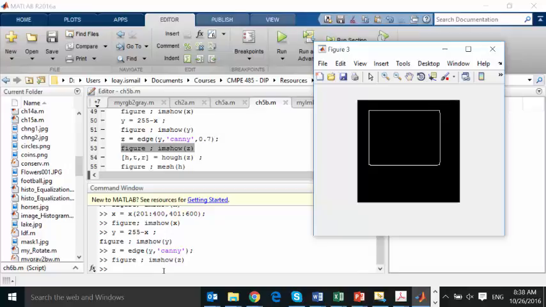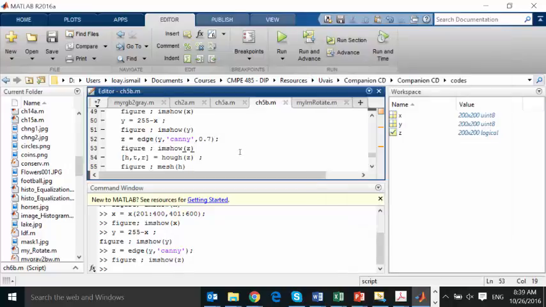So here I have the spatial space, which is M by N. It will be transformed into the space of rho and theta. How can we do this? As well, here in MATLAB, we have the Hough transform, which is the implementation of the algorithm that we have just explained here. So here we have hough, and I will pass the edge image, which is called Z.